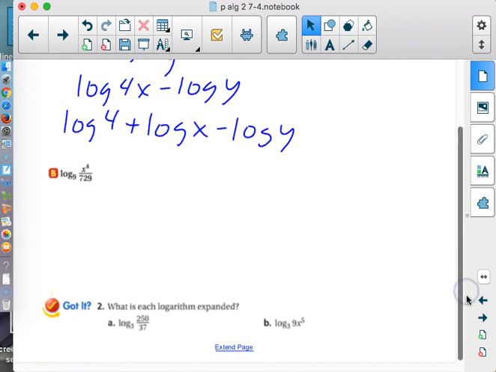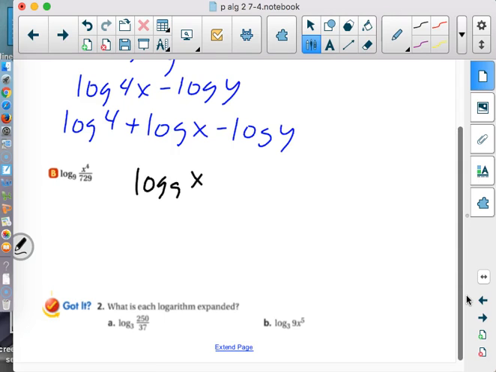Very cool. Logarithm base 9 of x to the 4th over 729. Big picture, still division. Still fraction mark. So what do we do for division? Subtraction. Now, there's an awkward little power up there.